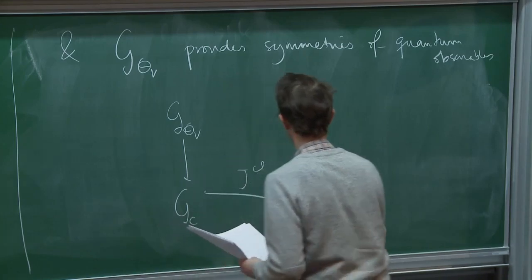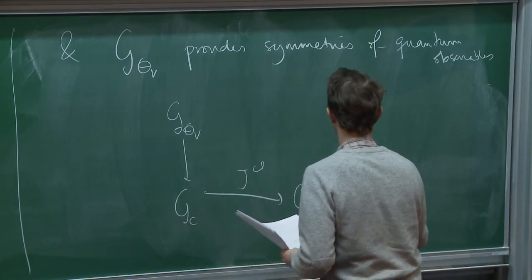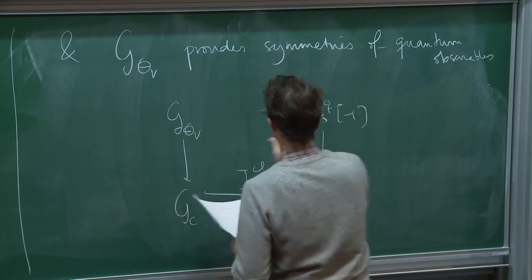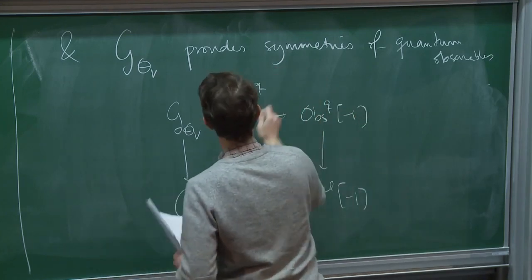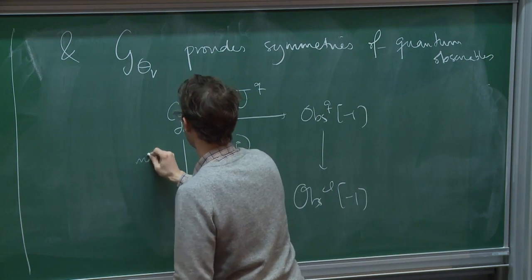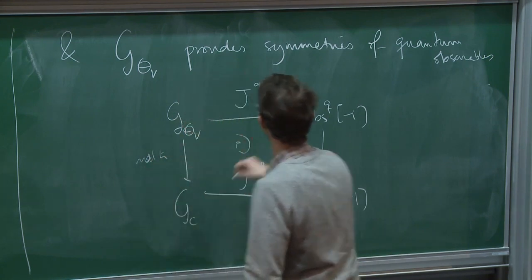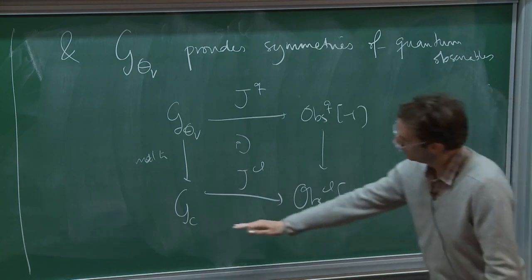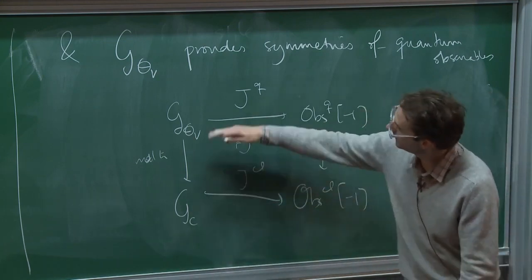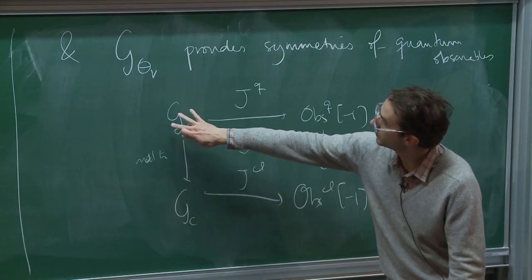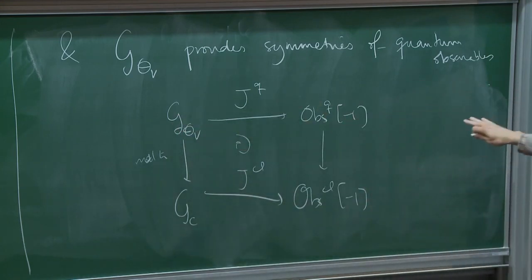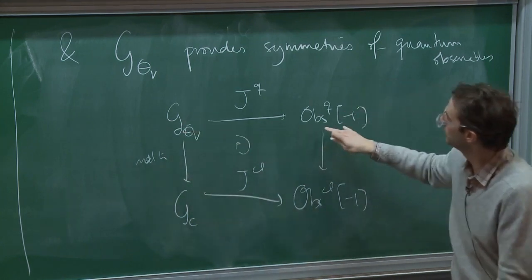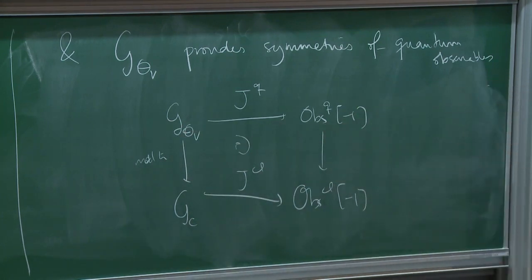There's J classical. The Obs classical shifted by -1. It's quantum shifted by -1. And there's a commuting diagram. These vertical maps are modulo h bar. So this classical symmetry doesn't lift, but you can modify the Lie algebra to an L infinity algebra, and that does act as symmetries. So every element of this L infinity algebra gives you an observable in the quantum system.